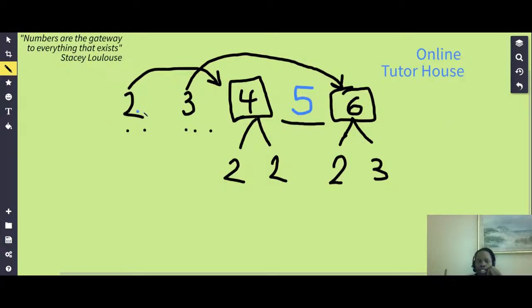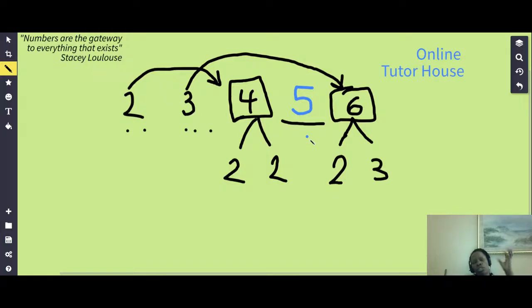Okay? So I want to introduce what's called the primorial. The primorial of 2 is just 2 itself. The primorial of 3 is 3 times 2. The primorial of a 5 is 5 times 3 times 2.